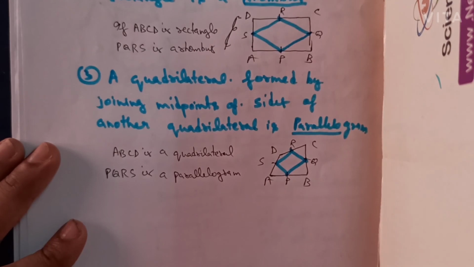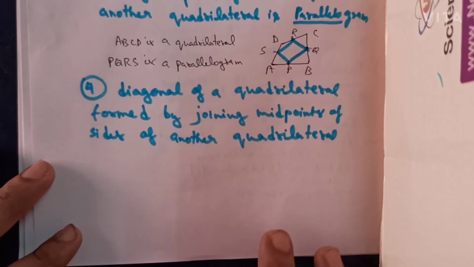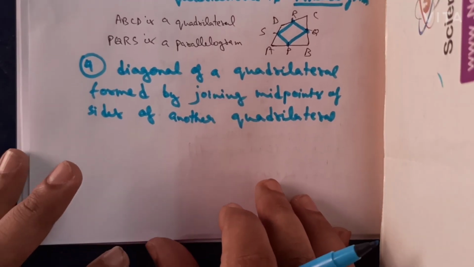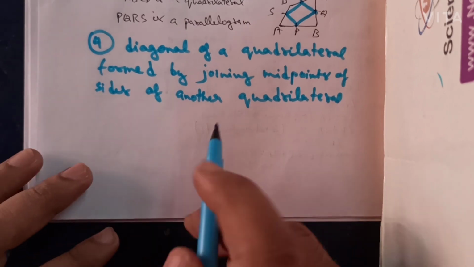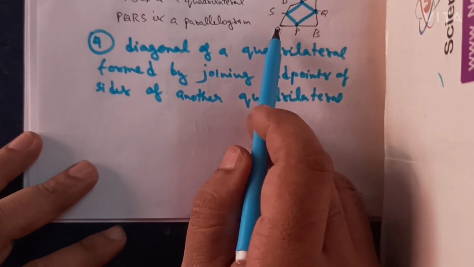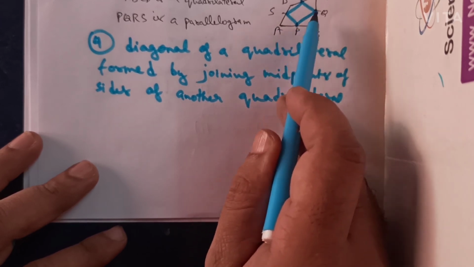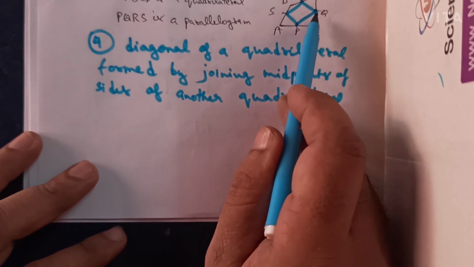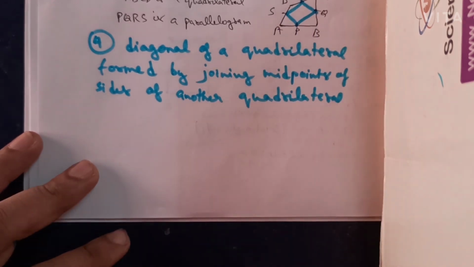Okay, understood? Now the next point number 4. The diagonals of a quadrilateral formed by joining the midpoints of sides of another quadrilateral. So here we have already seen that ABCD is a quadrilateral in which the midpoints of AB, BC, CD and DA are P, Q, R and S. So if we join PQRS, we have got a parallelogram.